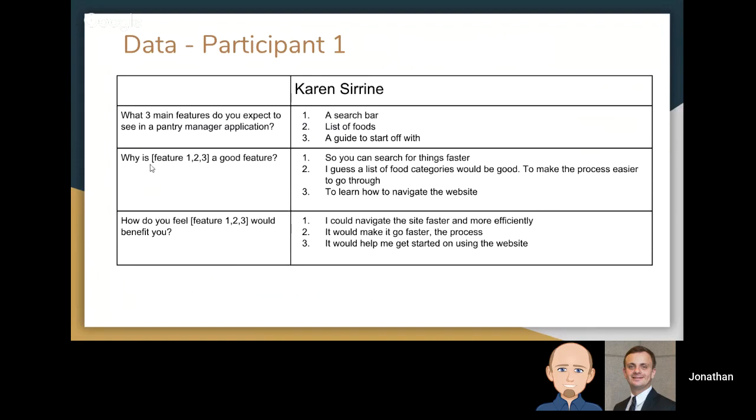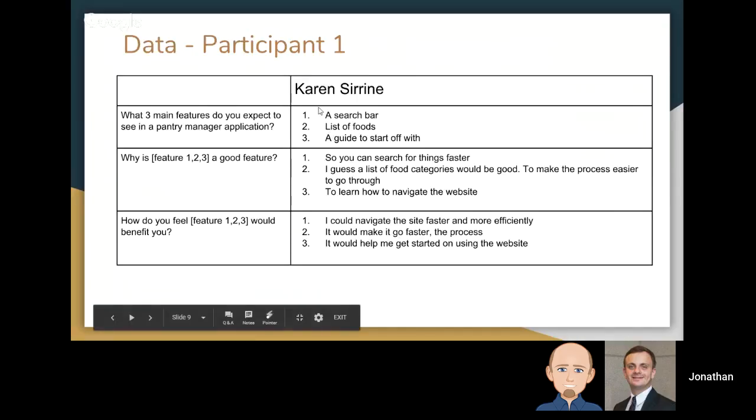We asked why is a feature, in this case, why is a search bar a good feature? And we recorded the answer here, corresponding to the number of where we recorded that feature in the first question. Their answer was, so you can search for things faster. This is just the way that we recorded the data.